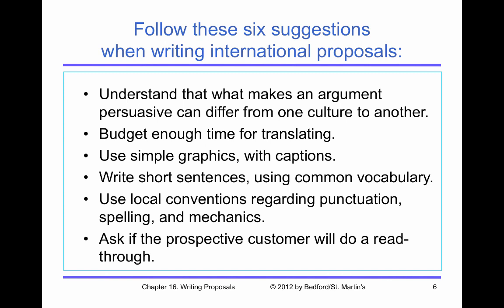Here in America, we're probably more about cost savings and that type of thing, whereas in other parts of the world, what they really value is maybe tradition, so different cultural value systems. There might be translating involved with this proposal. You'll need to allocate time for that.